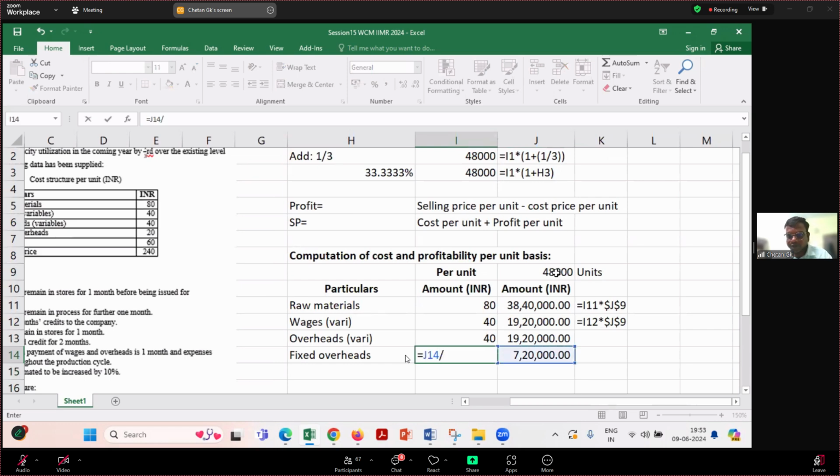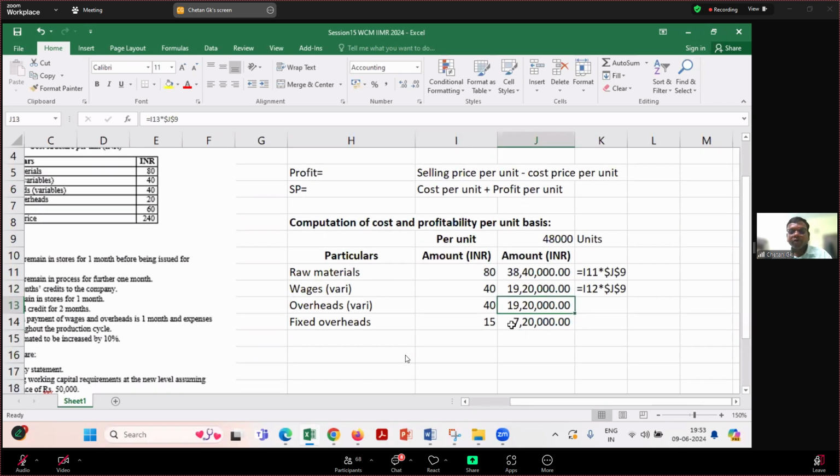We do it the other way around. Now my fixed overhead came down, because as and when I produce more units, my fixed overhead per unit will come down. This is the property of a fixed overhead, and we have retained that quality.